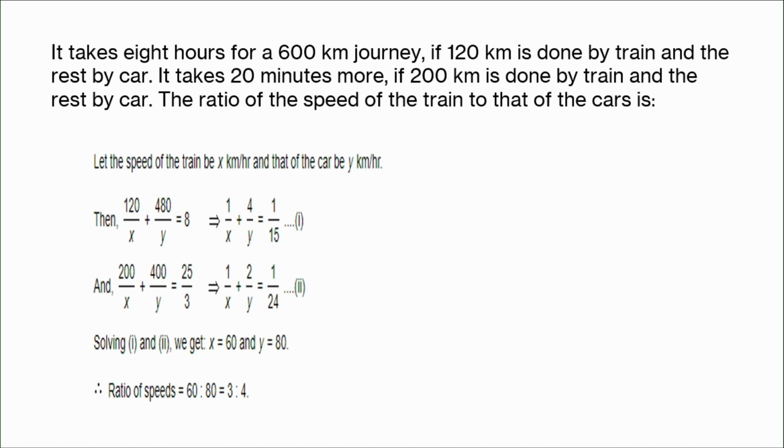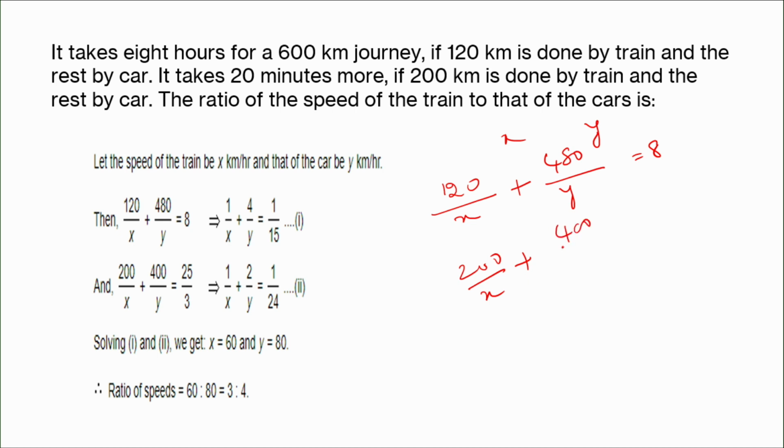What is the ratio of the speed of the train to the car? We don't know the speeds, so say the speed of the train is x and the speed of the car is y. 120 kilometers by train means 120 by x, and the remaining 480 kilometers by car is 480 by y. The total time taken is 8 hours. Other information: 200 kilometers by train means 200 by x, and the remaining 400 is 400 by y.